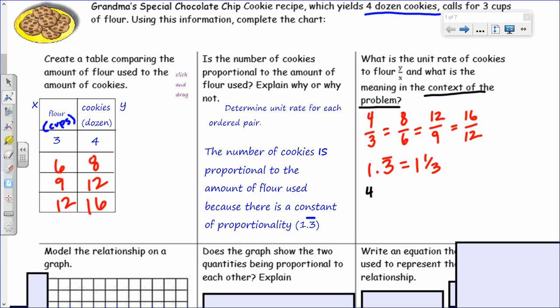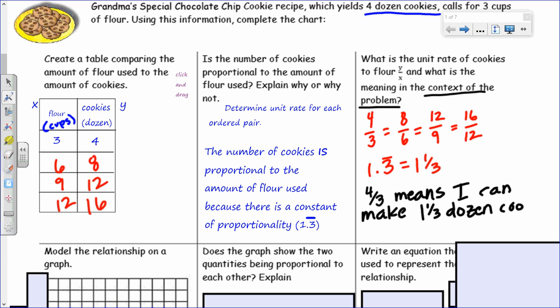Okay, so 4/3 means I can make 1 1/3 dozen cookies per cup of flour. Remember, we did the dozens of cookies divided by the cups of flour. That's why it's dozens of cookies per cup of flour.